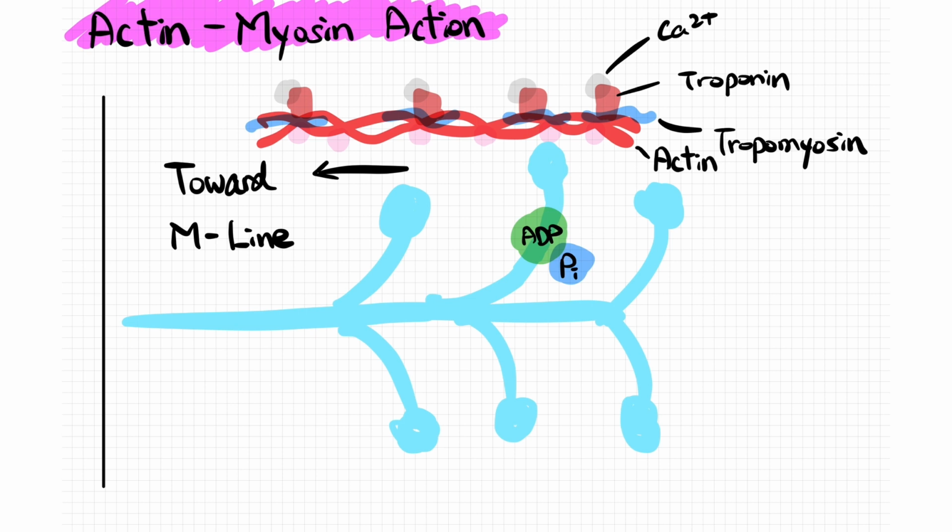During this process, the myosin head becomes re-energized and ready to form another cross-bridge with actin if calcium ions and active sites are still present. Now, as long as calcium ions are present and ATP is available, the cycle of cross-bridge formation, power stroke, and detachment repeats.